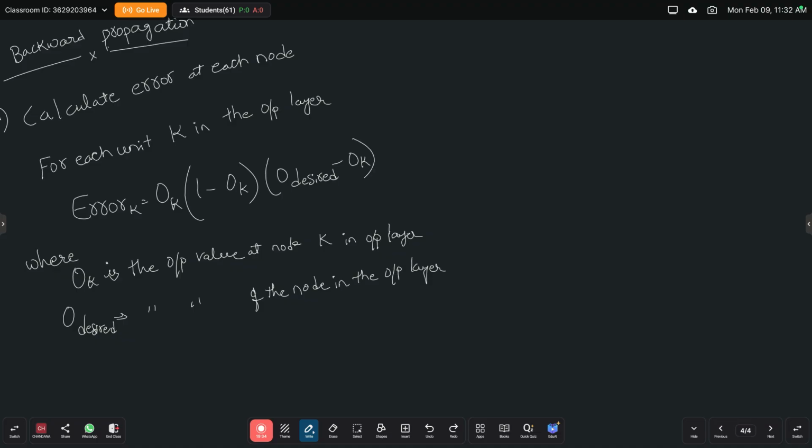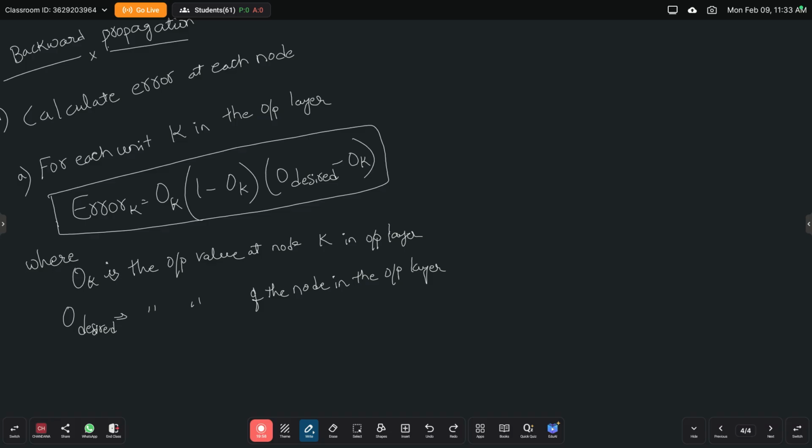Again we are finding the error at each node in backward propagation. Next, for each unit, in this also we have two formulas. One is for the output layer, and also we are finding the error for the hidden layer.